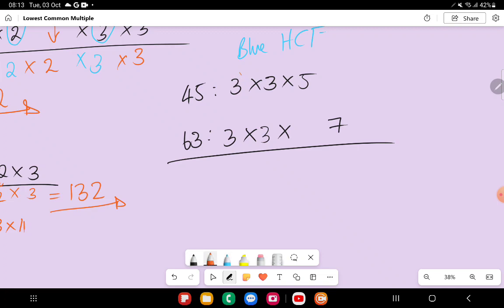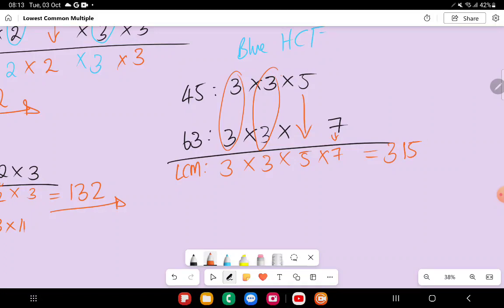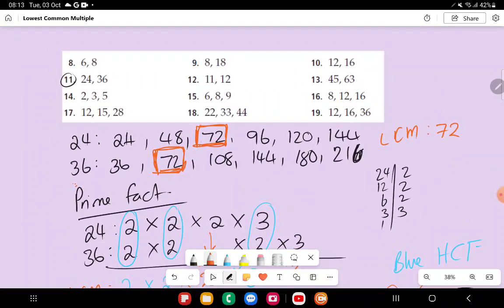Again, I bring everything down, so that is 3 times 3 times 5 times 7, which gives me a lowest common multiple of 315. So those were these three.